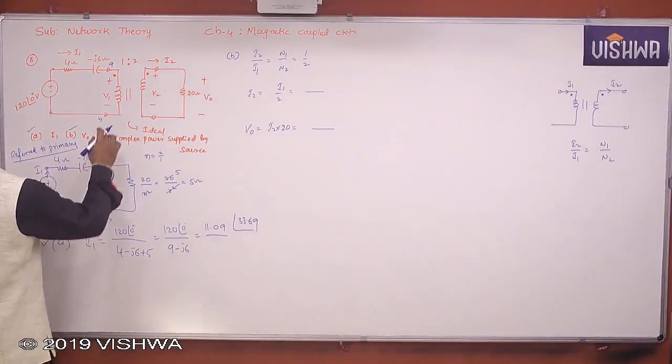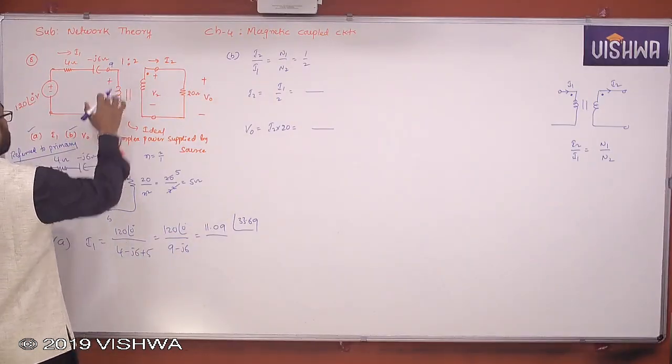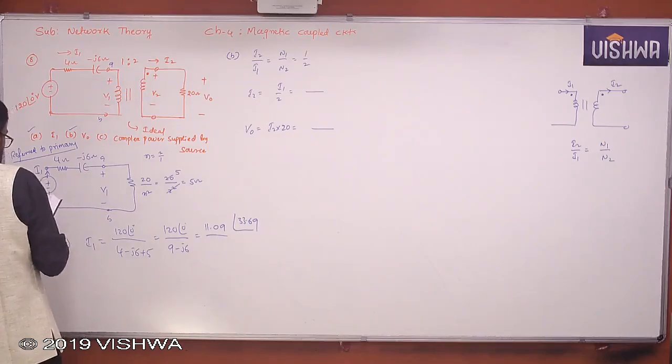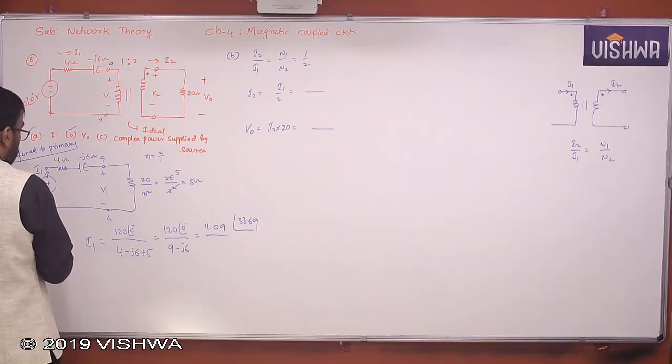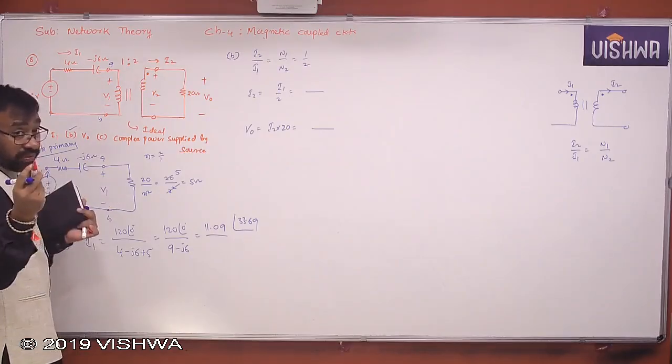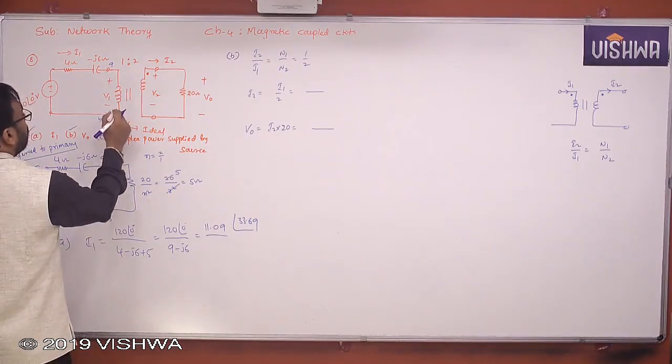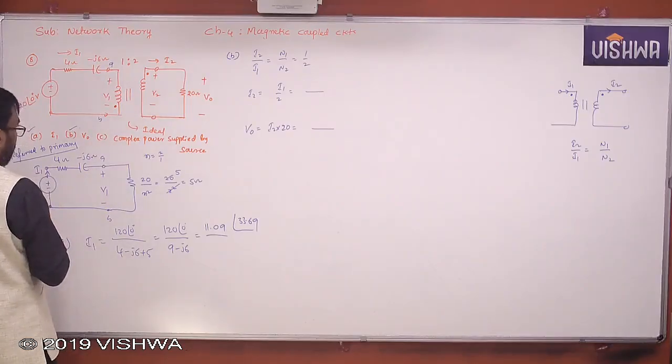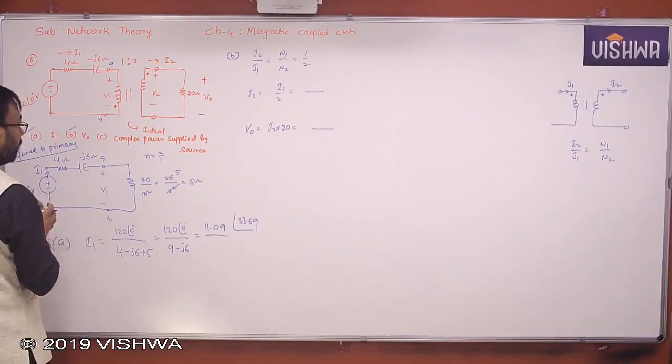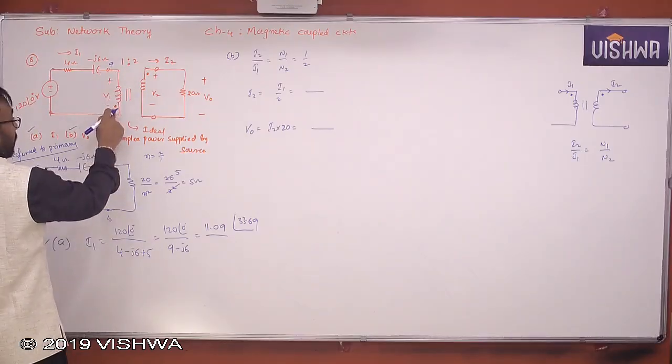This dot is given here. I'm sorry, this dot is given here. Please rectify it. In the question, please observe the question which is available with you in the classroom workbook. The dot was given here. So please change that. I gave it wrongly here. In the question the dot is given here.